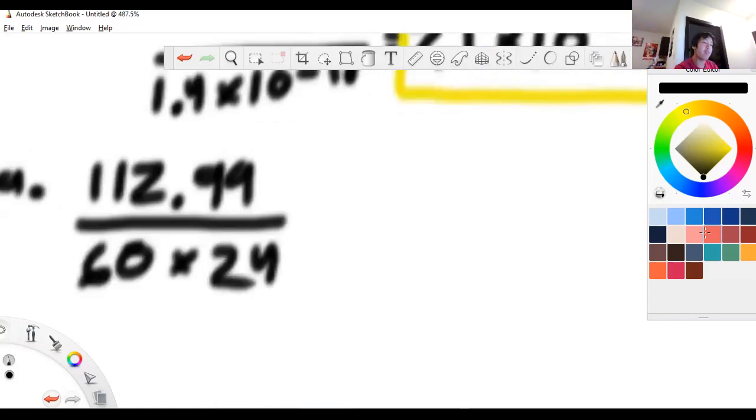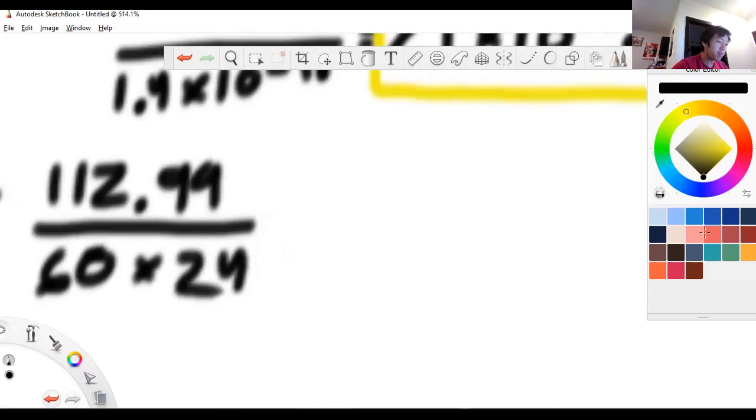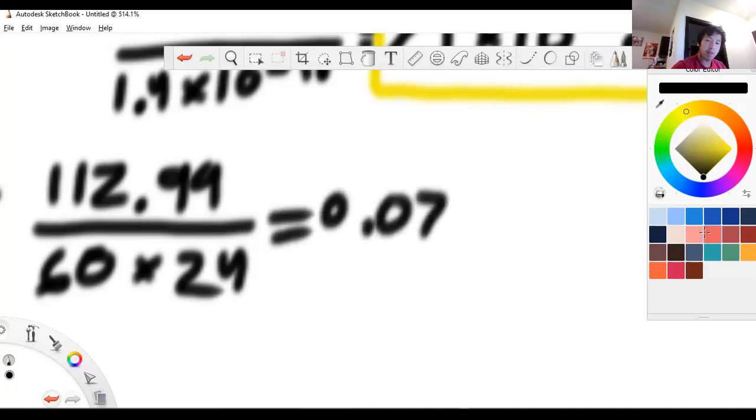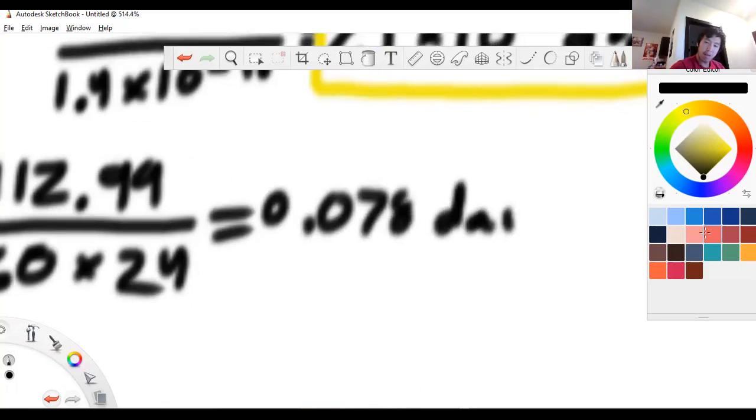And we'll only have two sig figs when this comes out. We're left with 0.078 days.